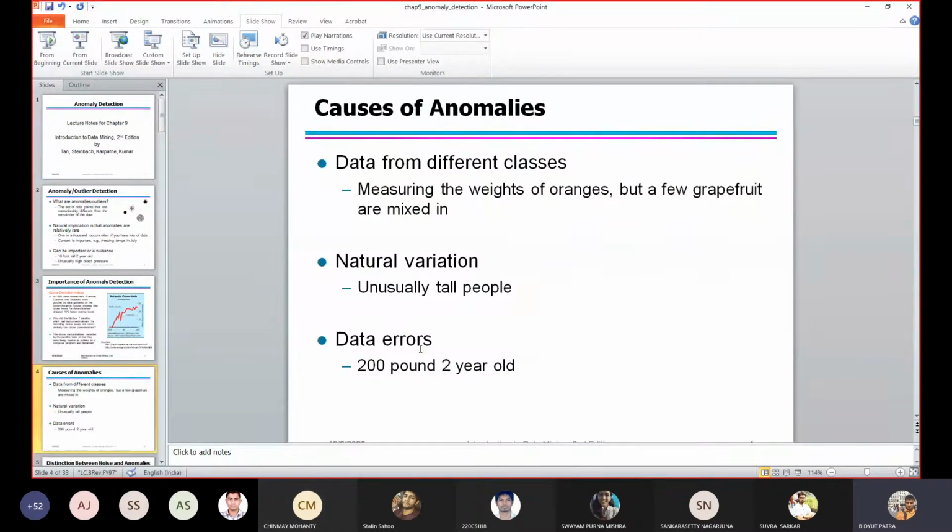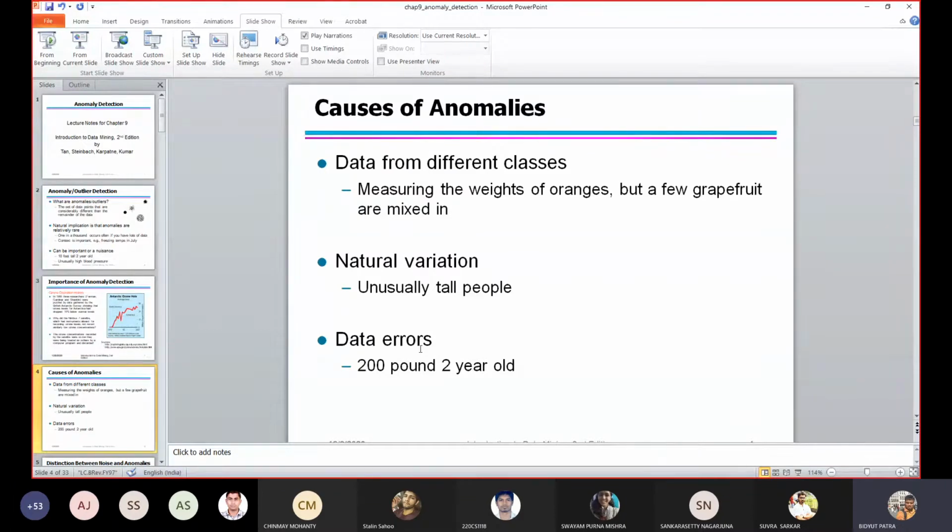Here the causes of anomalies: data from different classes. When measuring the weights of oranges, if grapefruits are mixed in, this grapefruit might be a noise also. So natural variation, data error and so on, these may be a few causes. As I said, due to noise also there may be some anomaly points, but there is a clear distinction.